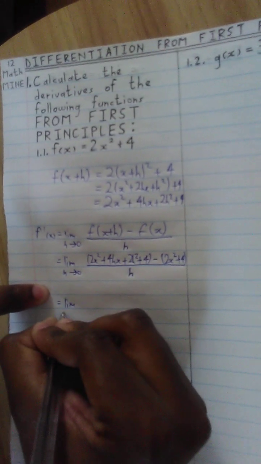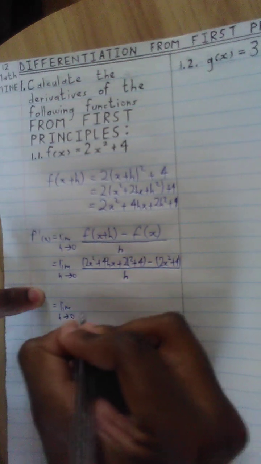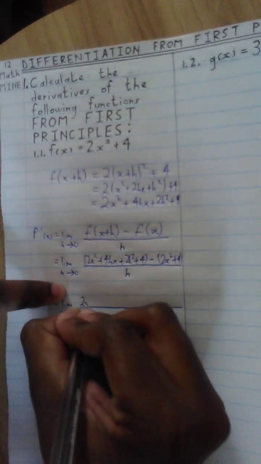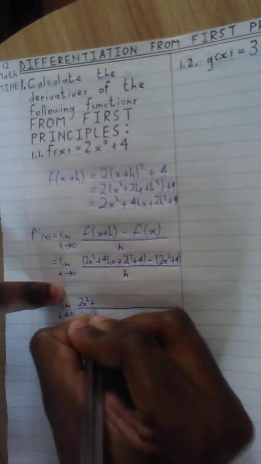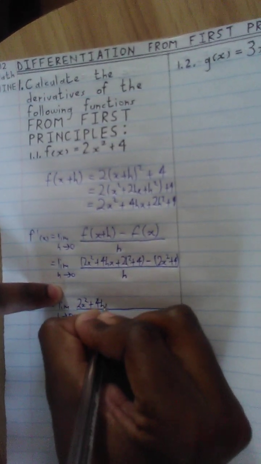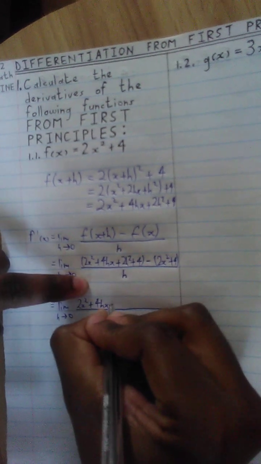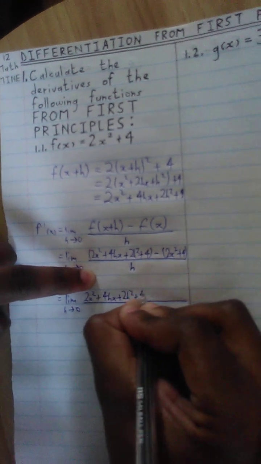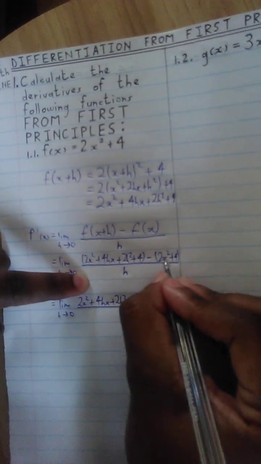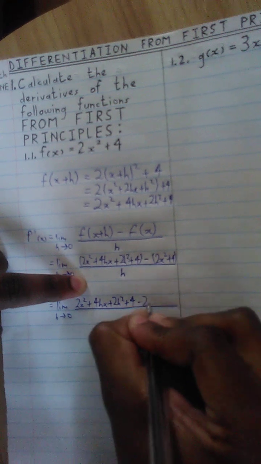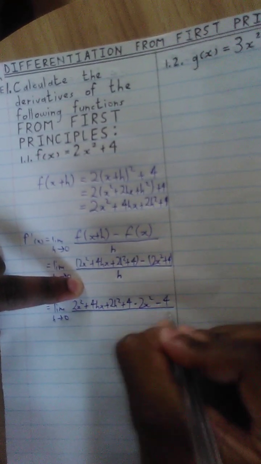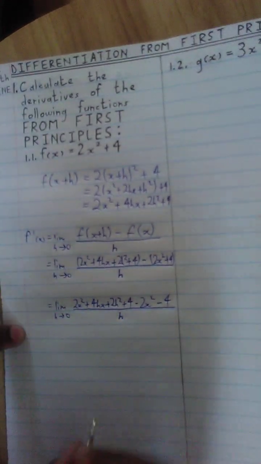Let's keep a line for neatness. This is equal to the limit as h approaches 0 of 2x squared plus 4hx plus 2h squared plus 4. Negative times positive 2x squared is negative 2x squared. Negative times positive 4 is minus 4 all over h.